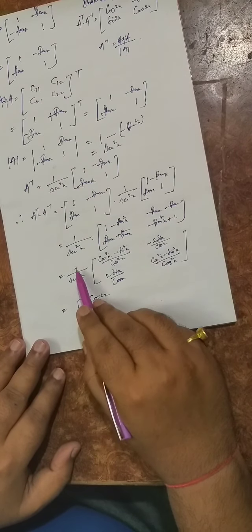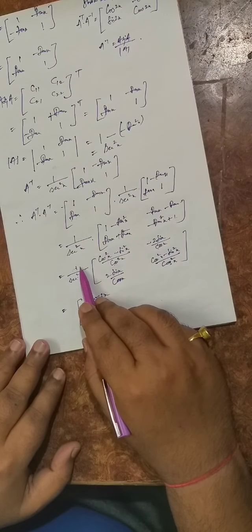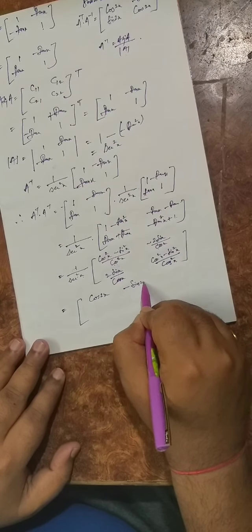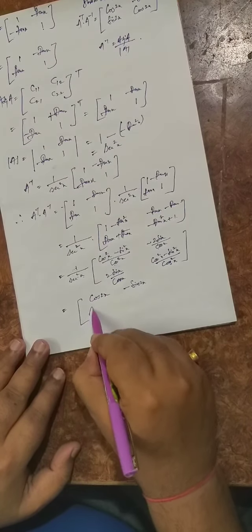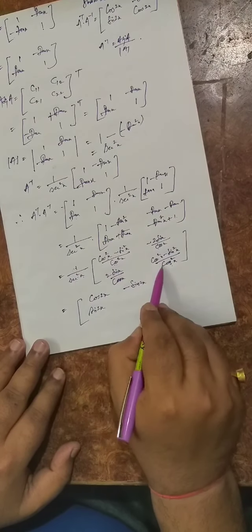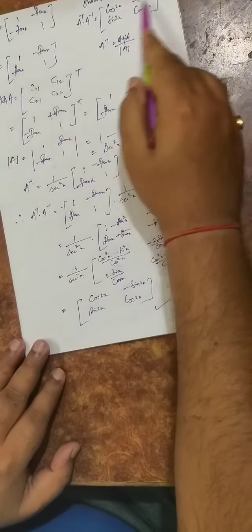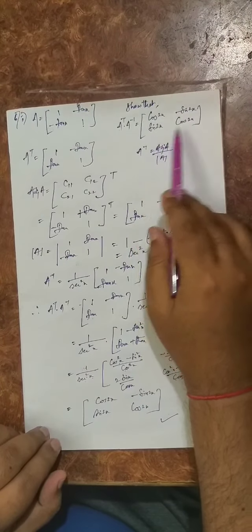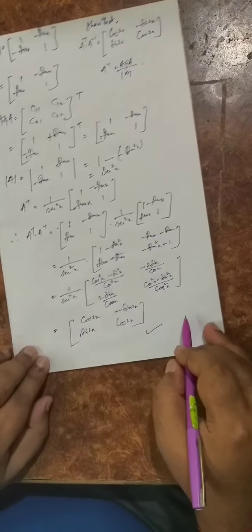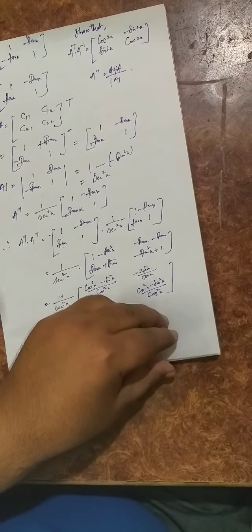Again cos square x divided by cos x, one cos will remain. So minus 2 sin x into cos x is minus sin 2x. Again multiply, you will get sin 2x. Again cos square cancels, and you get cos 2x. See, you will get the required result. And this is the result. Okay. So the last one, I am considering the last question.